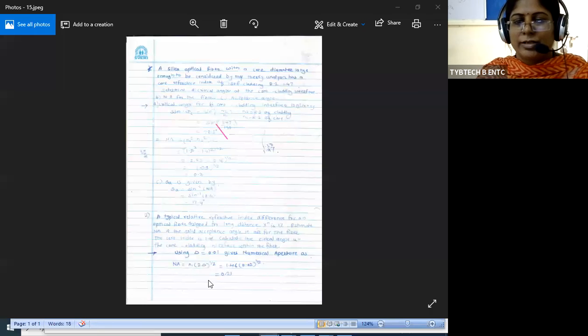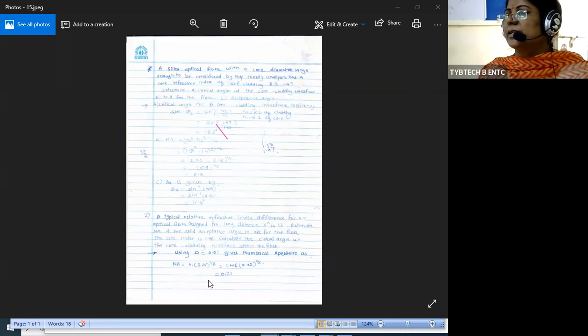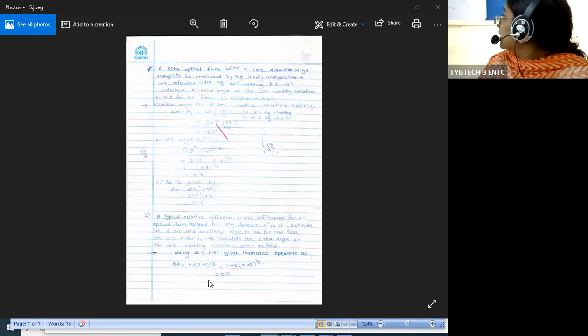Yes, Audumbar. So the answer is 1.44. 1.44 is the refractive index of cladding.